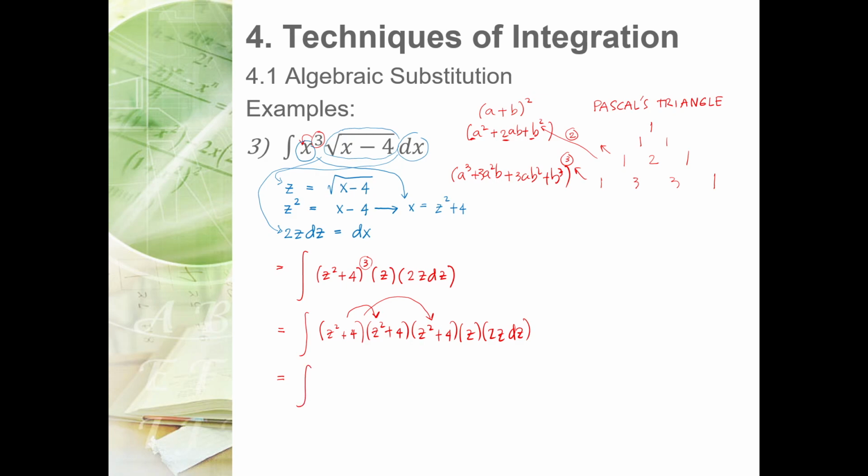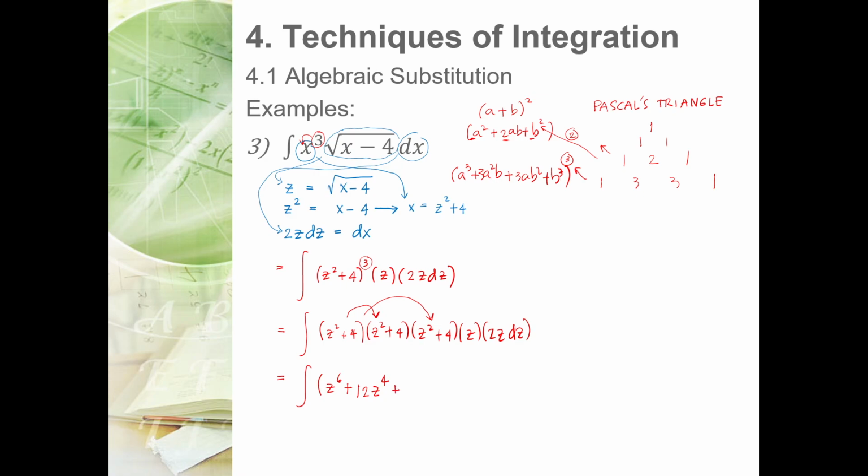So a cubed becomes z to the power of 6, plus 3 times a squared times b, that would be 3 times 4, which is 12, and then z to the power of 4, since z squared squared is z to the power of 4.